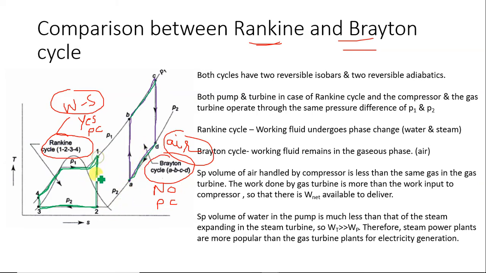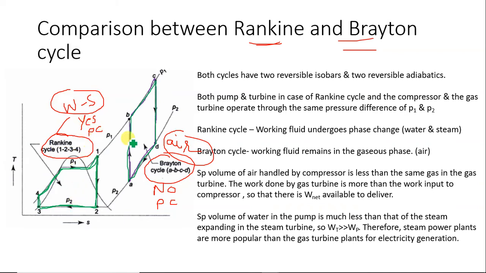Whereas here 1 to 2, here C to D, these are isentropic processes, whereas 3 to 4 and A to B, these are both isentropic processes.